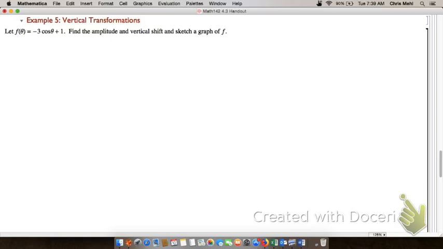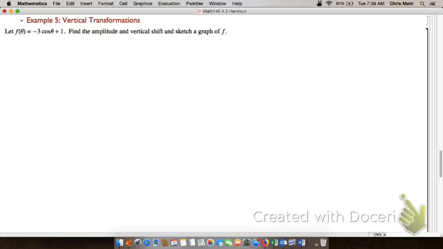Okay, so f of theta is going to be minus 3 cosine of theta plus 1. So notice nothing is being multiplied or added to the theta, so there's no horizontal transformations. So the fundamental cycle is going to stay the same. We're still going to be able to sketch this from 0 to 2 pi first. We just need to mess with the maximum and minimum values as well as the middle value given by the vertical shift. So first of all, the amplitude.